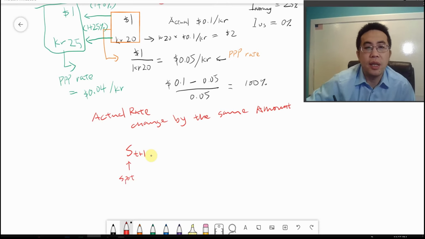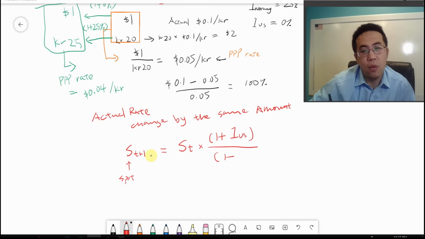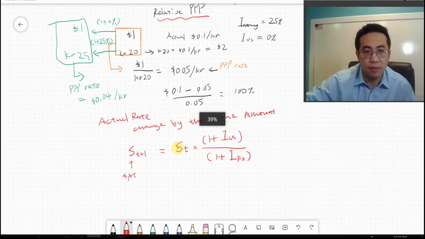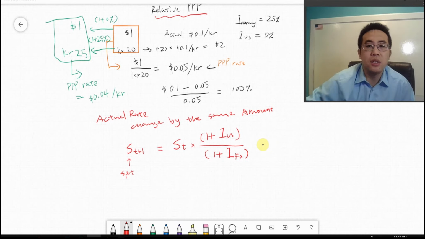T stands for time. It equals the exchange rate today, again, it's the spot rate today, multiplied by 1 plus the US inflation divided by 1 plus the foreign inflation. In this case, that's the Norwegian inflation. All right.